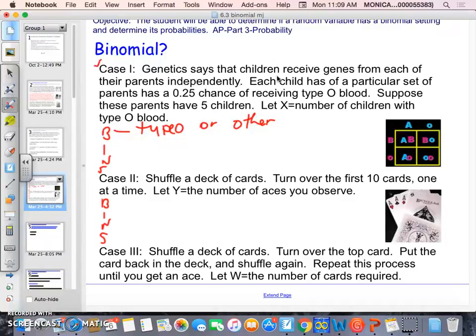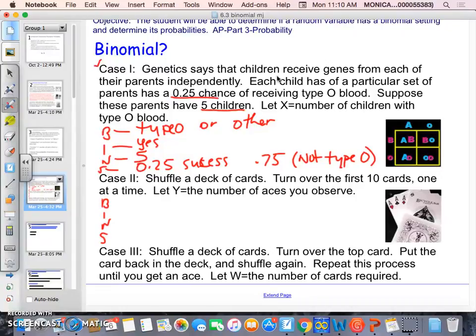It is independent because it doesn't matter if child number 1 had type O, it's not going to affect whether child number 2 is going to have type O. The number of trials is 5 children. And the success probability is 0.25 for a success, or type O, and it would be 0.75 for not type O. The reason I knew that is because your probabilities always add to 1.